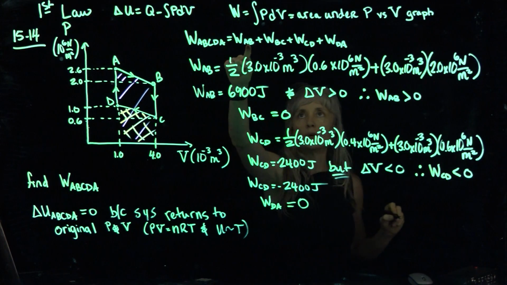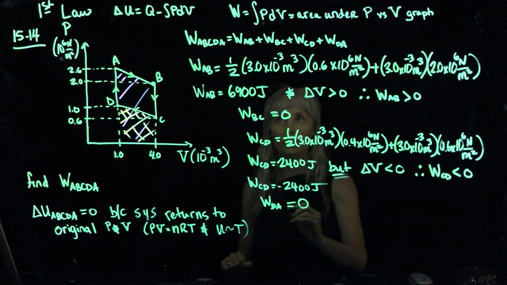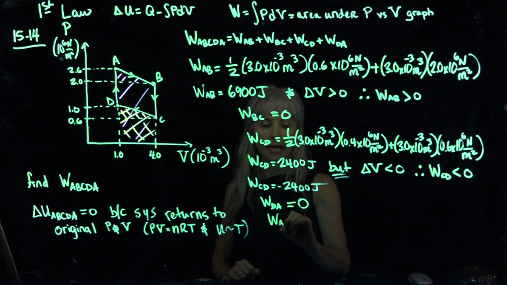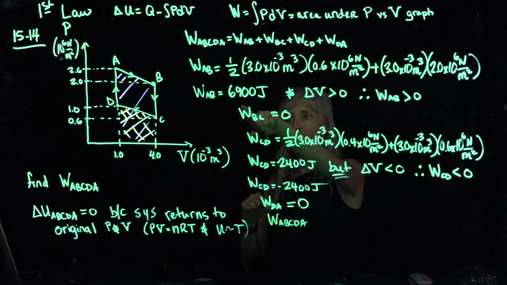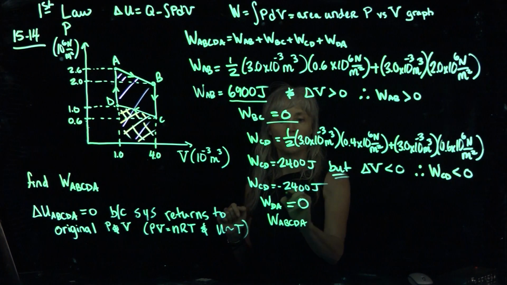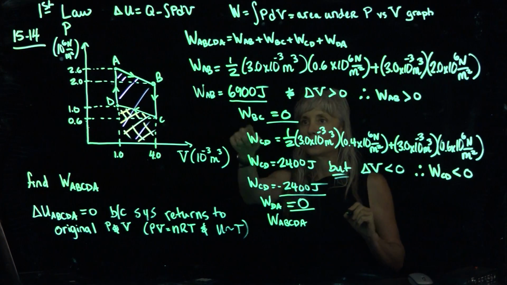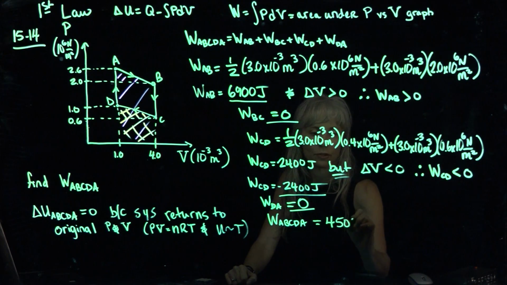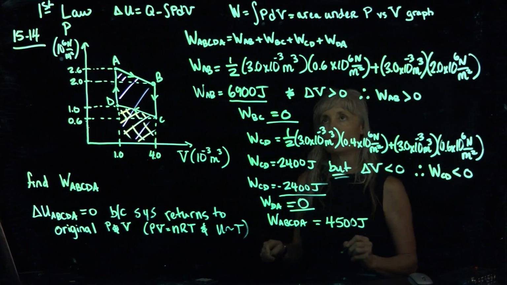So now we have work A to B, work B to C, work C to D, work D to A. And when we add them all together, the work done from A to B to C to D to A is going to be the sum of our 6,900 joules, 0 joules, minus 2,400 joules, and 0 joules. And so that's going to give us 4,500 joules. And it is positive, 4,500 joules. So that's just adding those numbers together.